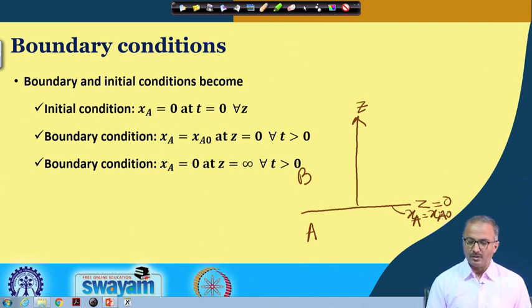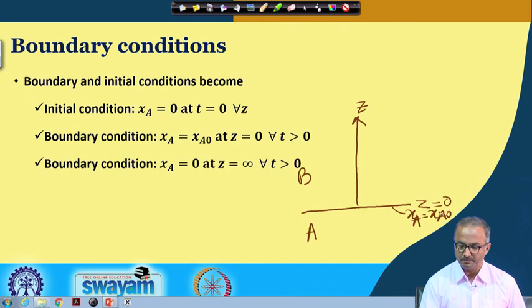Now, understand that when I put xa naught, it means that this A is not a pure component, it is in a mixture, and we are assuming that other than A, no other component in the liquid mixture is volatile. So, A is the only volatile component which is going into the B.